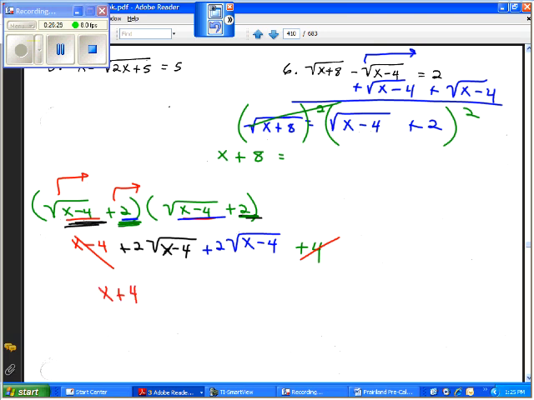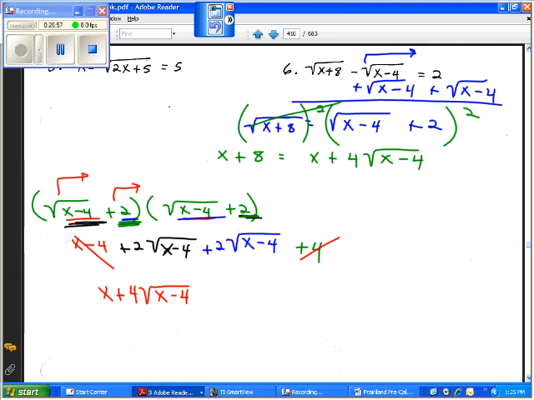So we have x plus 4 of those square root of x minus 4s when we get done collecting all of our terms. So we have x plus 8 equal x plus 4 square root of x minus 4. Let's see how we got that.